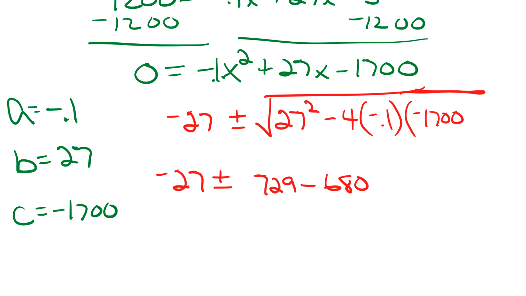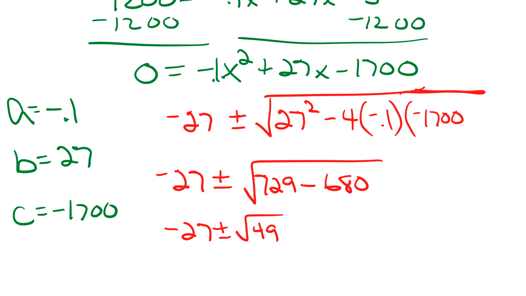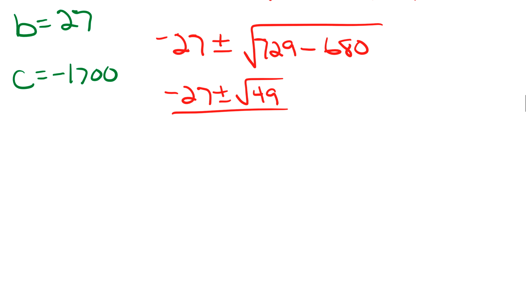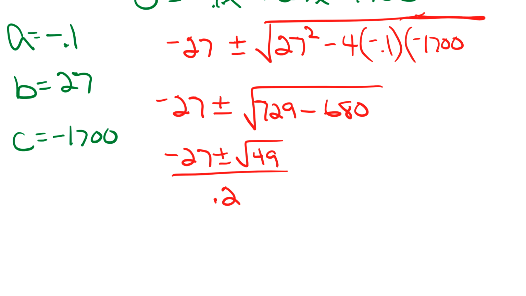Okay, and that's going to equal 729 minus 680 is 49. So I'm going to have negative 27 plus or minus the square root of 49. Remember, this is all under the radical still. And that's all divided by 0.2, which is A, negative 0.1, times 2, which will give you 0.2.